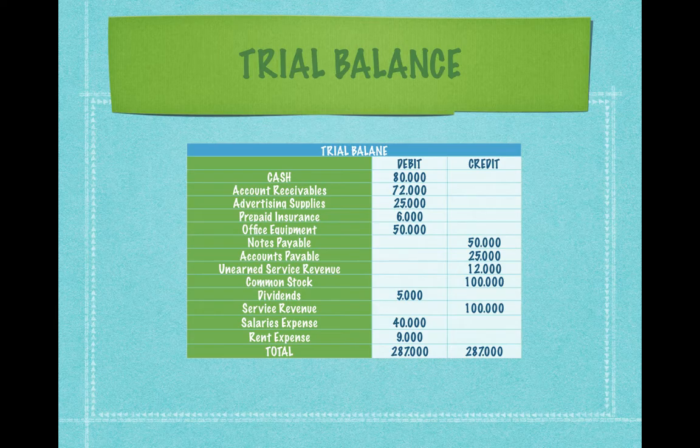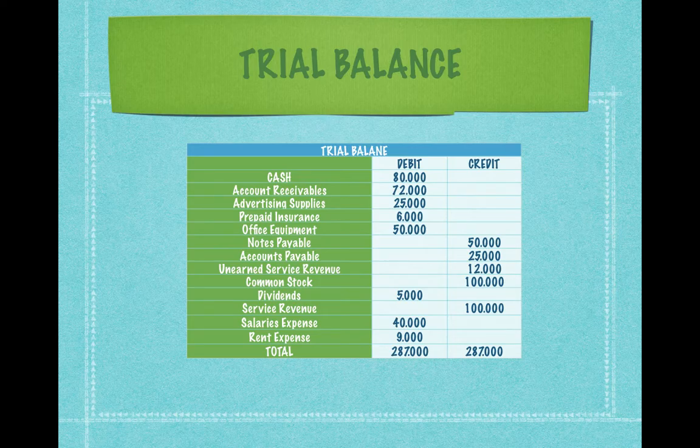Under the double entry system, this equality occurs when the sum of the debit account balances equals the sum of the credit account balances. A trial balance also uncovers errors in journalizing and posting. In addition, it is useful in the preparation of financial statements.